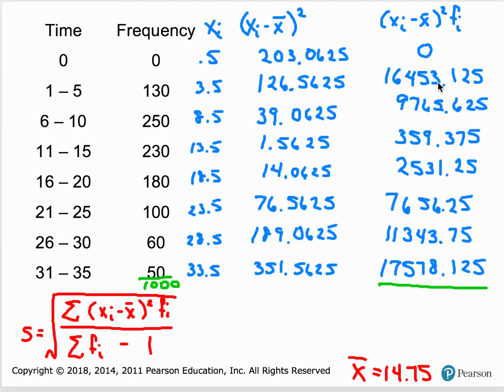I've got the 16,453.125 in my calculator, so plus 9765.625 plus 359.375 plus 2531.25 plus 7656.25 plus 11,343.75 plus 17,578.125, to get 65,687.5.